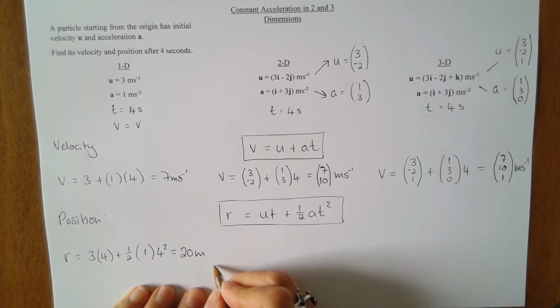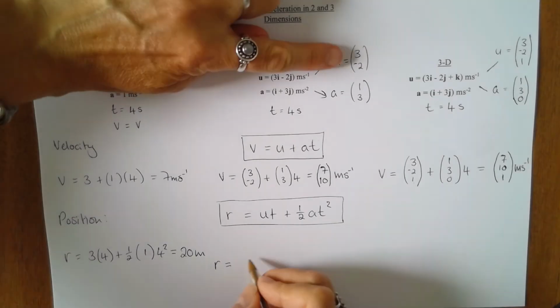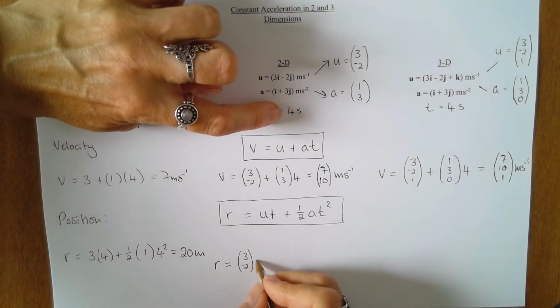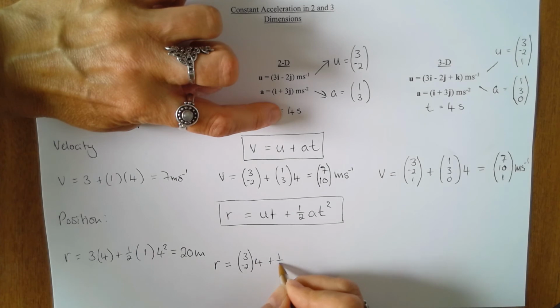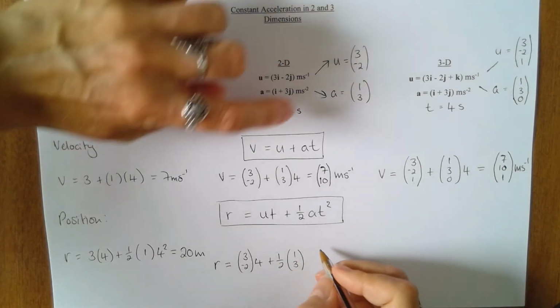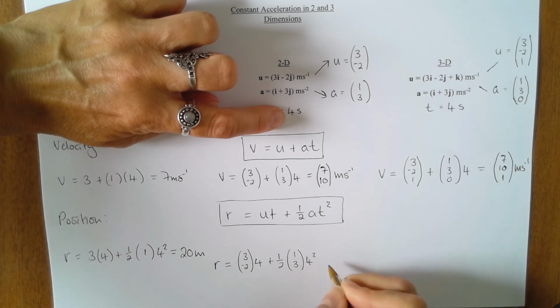For the second scenario, r equals ut plus half at squared.